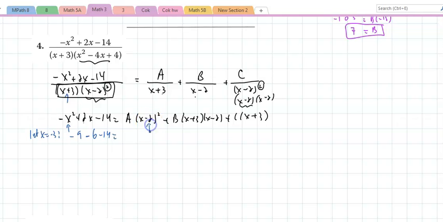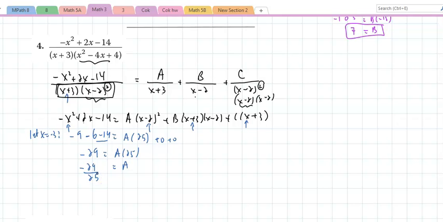If I put a negative 3 right there, A, isn't that negative 3 minus 2? Negative 5 squared is 25. Do you see if I put a negative 3 there, that will be a 0, and a negative 3 there, that will be a 0? And isn't this negative 29 equal A times 25? So A is negative 29 divided by 25.